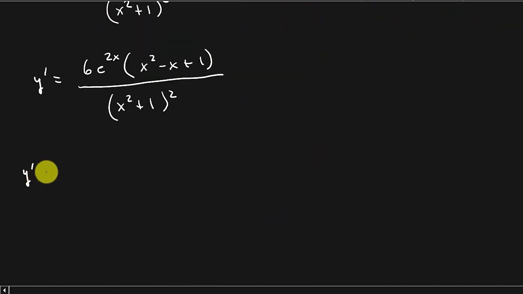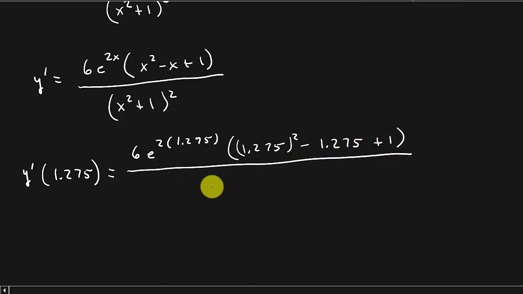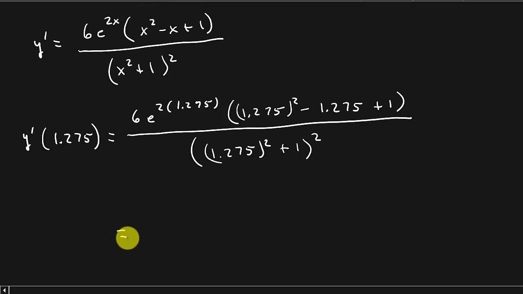So y prime of 1.275 is equal to 6e to the 2 times 1.275 times (1.275 squared minus 1.275 plus 1) over (1.275 squared plus 1), and then all of that squared. And when you plug all that into your calculator, you get about 15.05 as your answer.